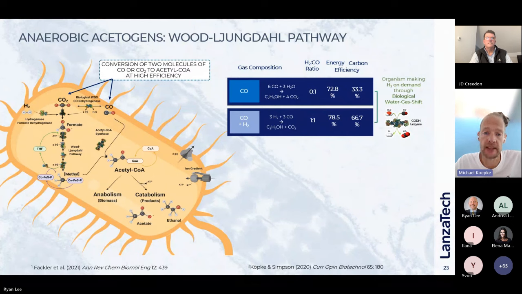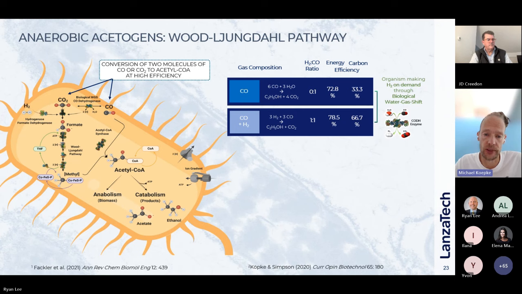In that case, it essentially has to waste some of the carbon to make its energy, so it can essentially perform a water gas shift reaction through this carbon monoxide dehydrogenase enzyme, produce its own hydrogen or reducing equivalents.